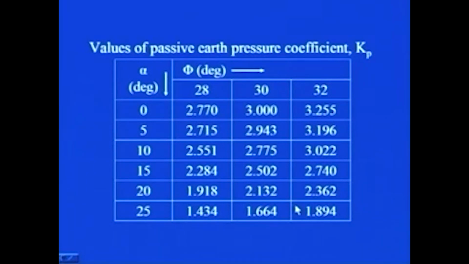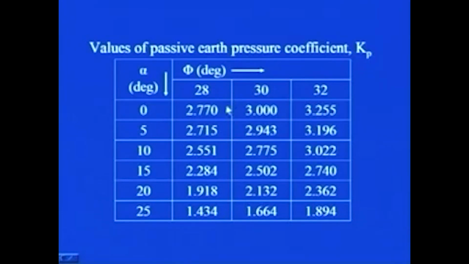So, let us say you get any numerical problem or any practical field problem, you know the inclination of the backfill, you know the property of the soil, you simply select from this table and pick the corresponding value. Now, let us say phi is 29 degree.